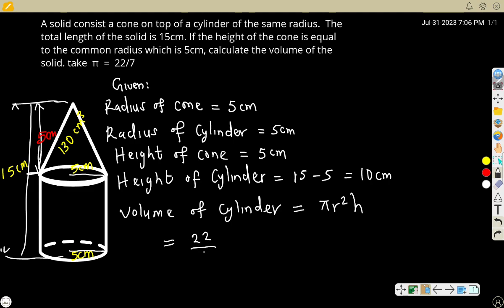That means pi is 22/7, r is 5 square, since radius is 5, and height of cylinder is 10. Now multiply.